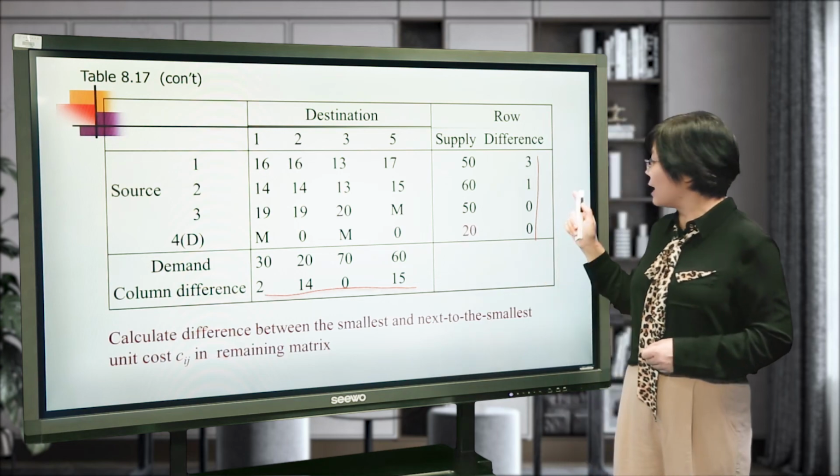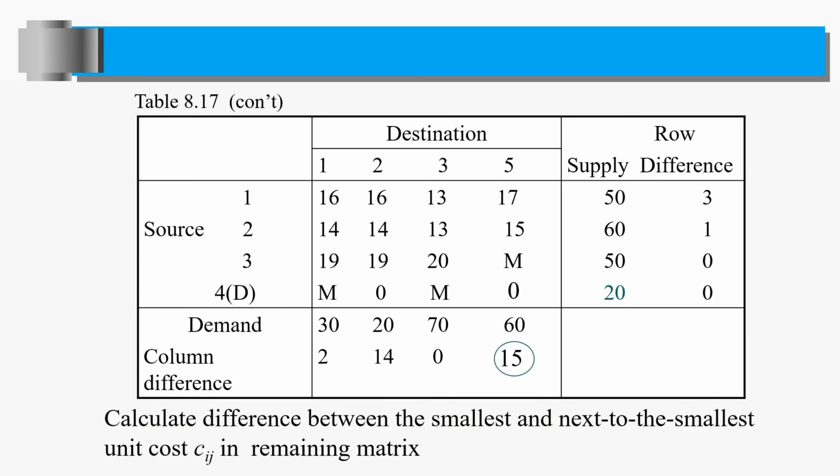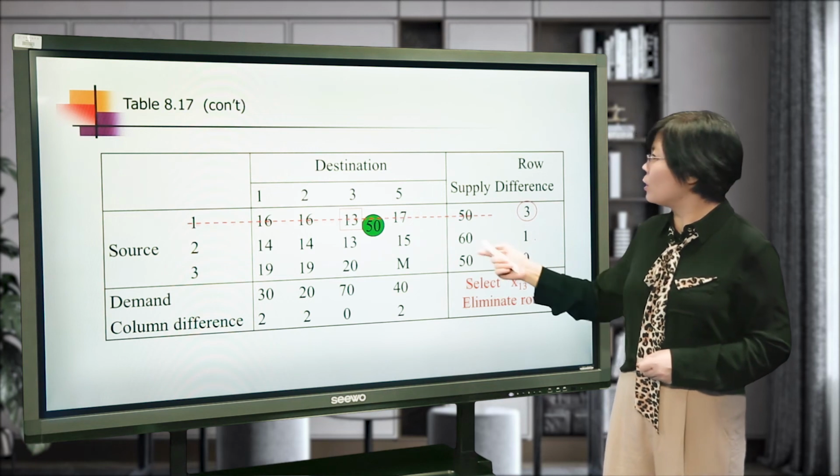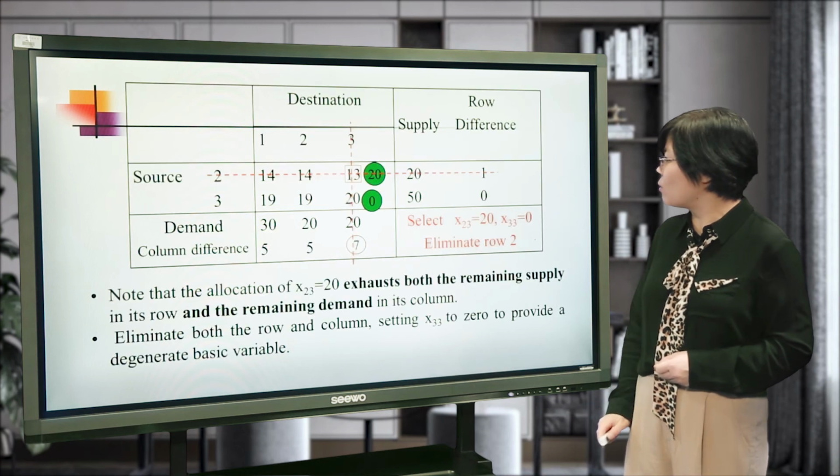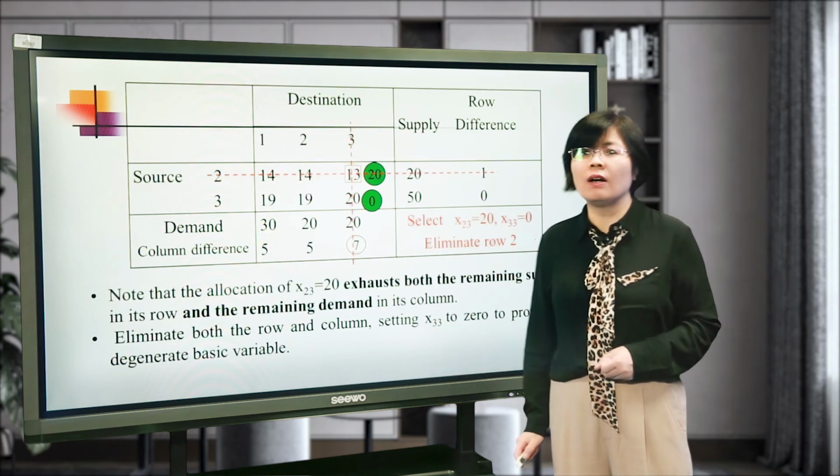And we found that the biggest difference is 15, and the corresponding smallest cost is 0. So we allocate 20 to this and eliminate this law. Then we do like this, and we can get this one and this one.